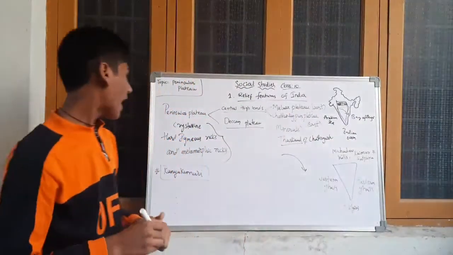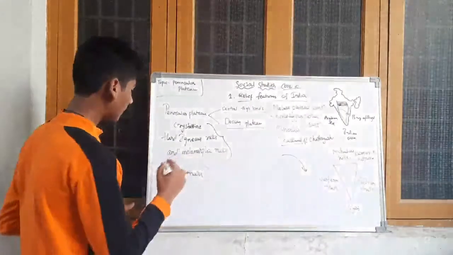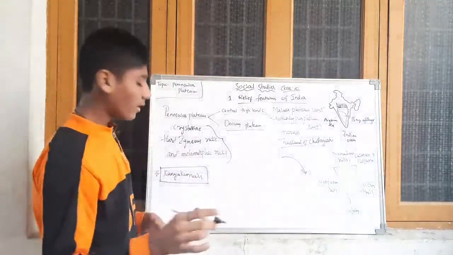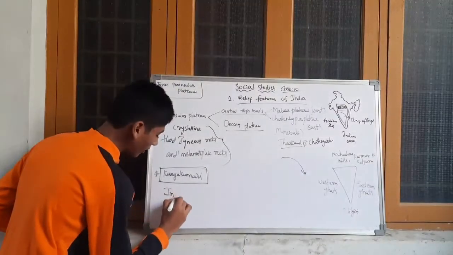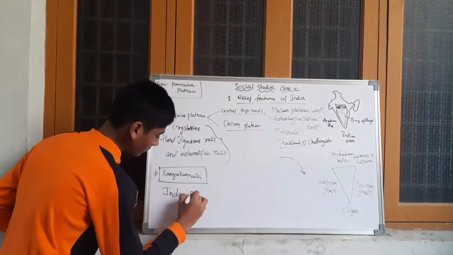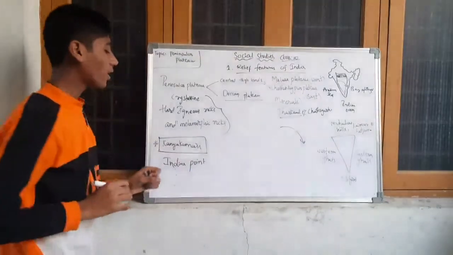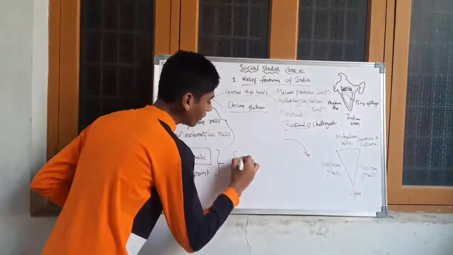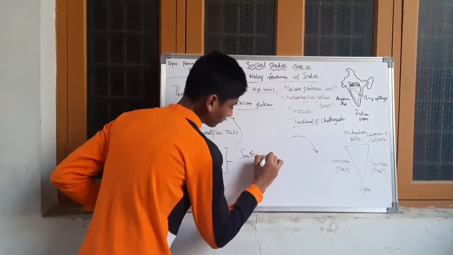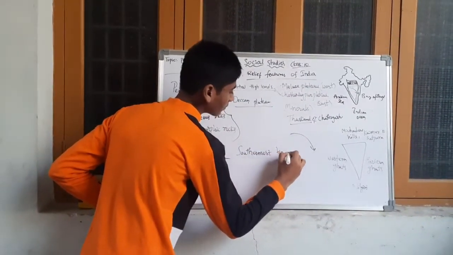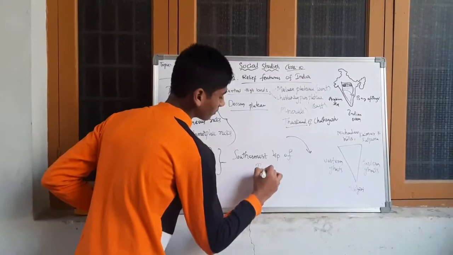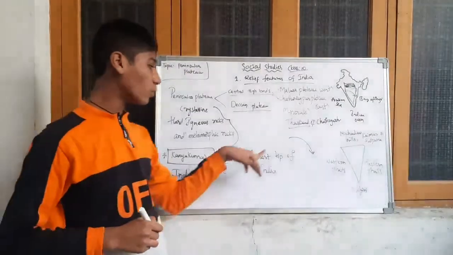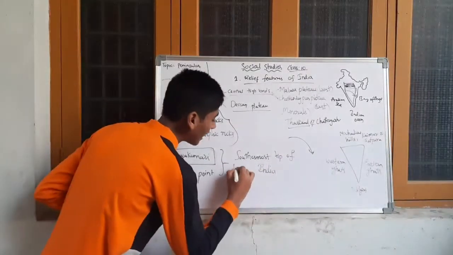You can understand. And one more important term, that is nothing but Kanyakumari. Don't confuse Kanyakumari and Indira Point. These both are called the southernmost tip of India, but Kanyakumari is the southernmost tip of mainland India.